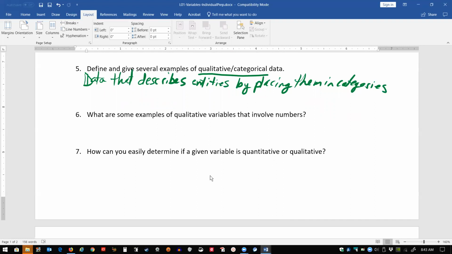For these qualitative variables, an average would not make sense.